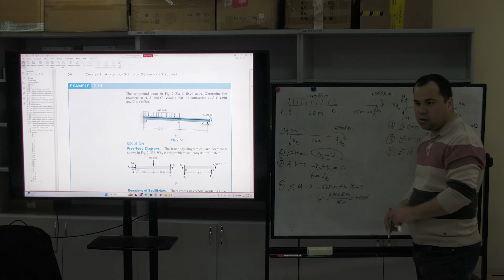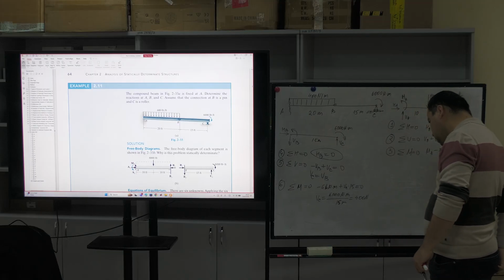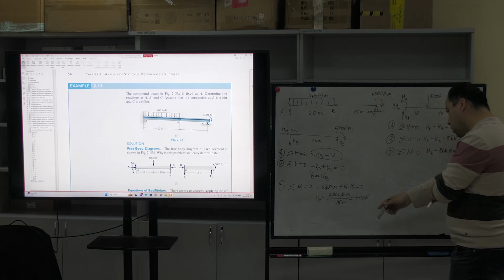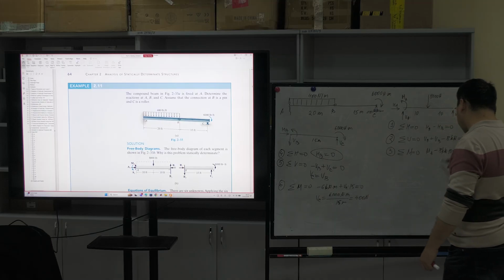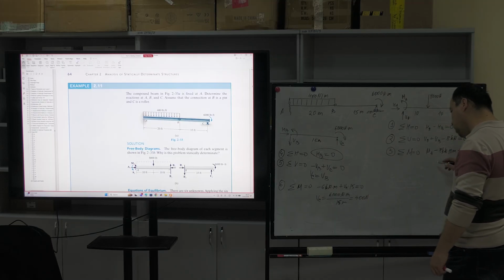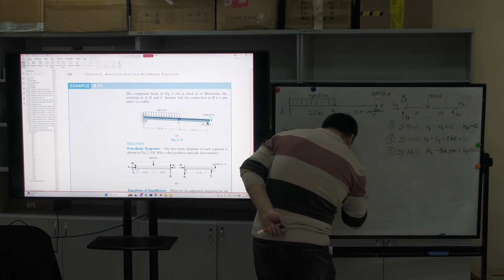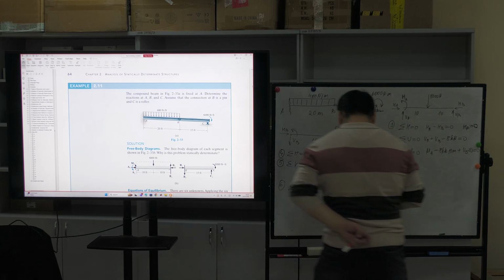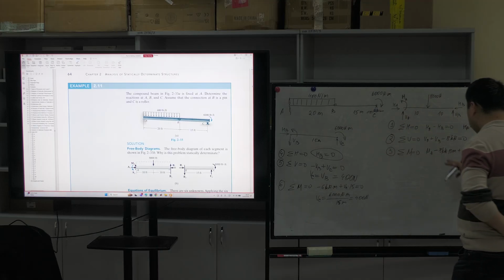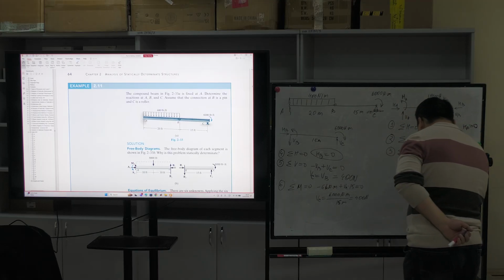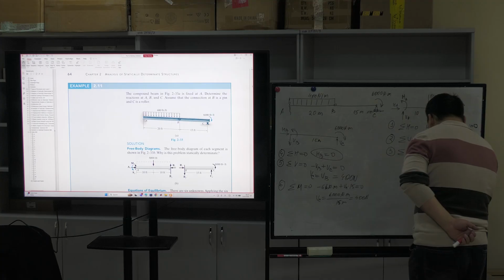Let's calculate. Okay, good. Now I found VC, so I can find VB. They are the same, 400 newtons. Only one thing remained here, VA and MA.